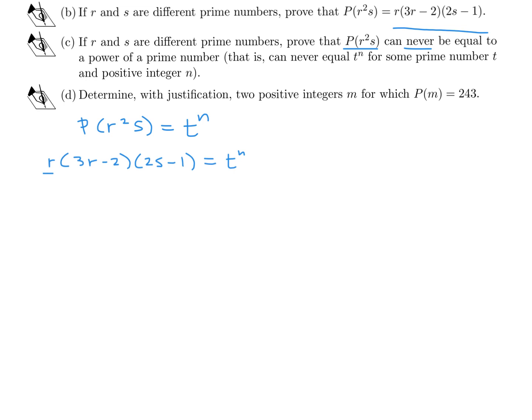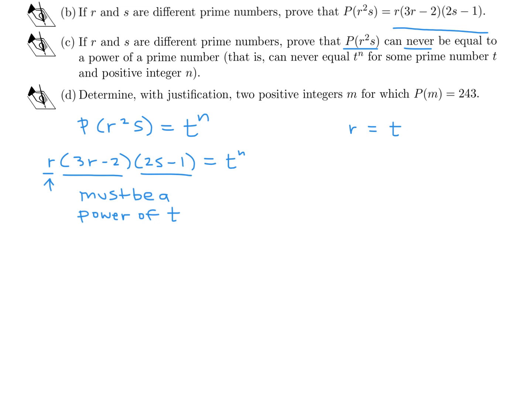Now, each of these guys must be a power of t in order for this to work. So that means that this first guy r has got to be t something. Let's just say it's t. I think that's pretty reasonable to assume. And then let's work through the other guys and see what happens.